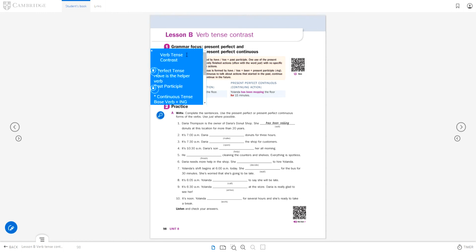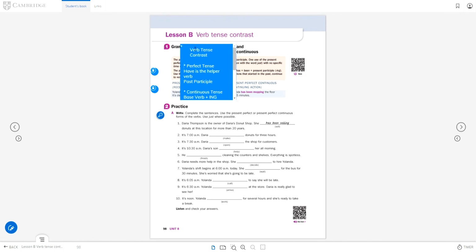Remember, you're gonna have the verb to have as a helper verb, and you're gonna have a past participle. These are the characteristics of a perfect tense. Because it's present, you're gonna have the verb to have in the present tense, because always the helper verb controls the time. So you're gonna have have or has for third person singular, he, she, it. Okay, so this is what you're gonna have.